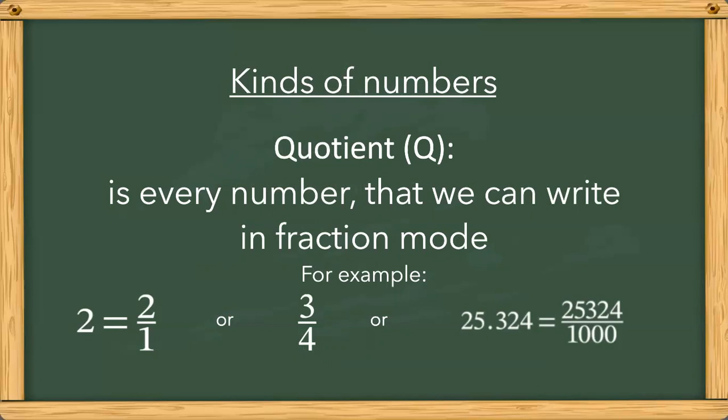Or if we have the decimal number 25.324, that can be written in the form of a fraction, 25,324/1,000.